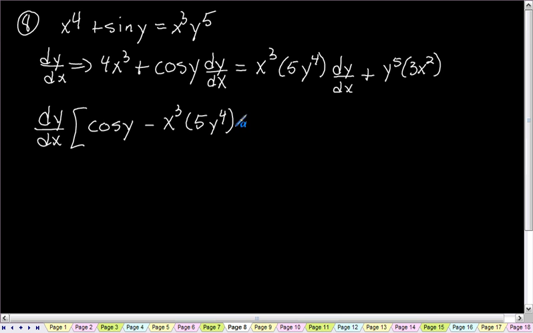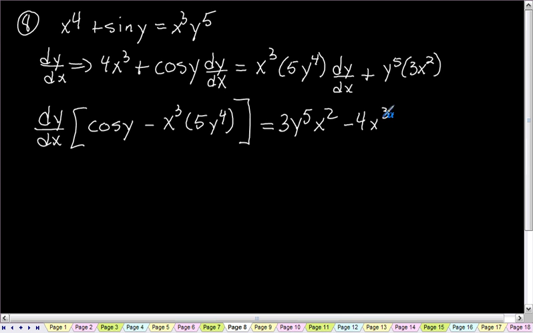After I do that, this is going to be a side, and then I took out a dy/dx. Now you're probably asking, but what happened to this one over here? Well, this one I'm going to move to that side. The way I do that is I subtract the 4x to the third. So this part stays, it's y to the fifth. I'll put the 3 in the front. This is x squared. Now move that one to the other side by subtracting it. Minus 4x cubed.